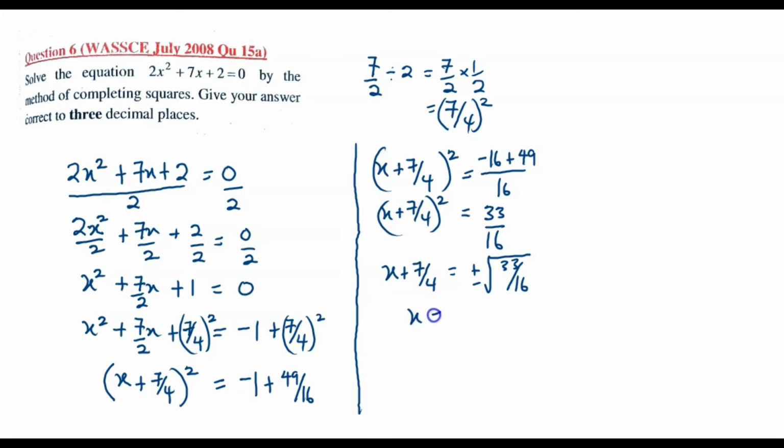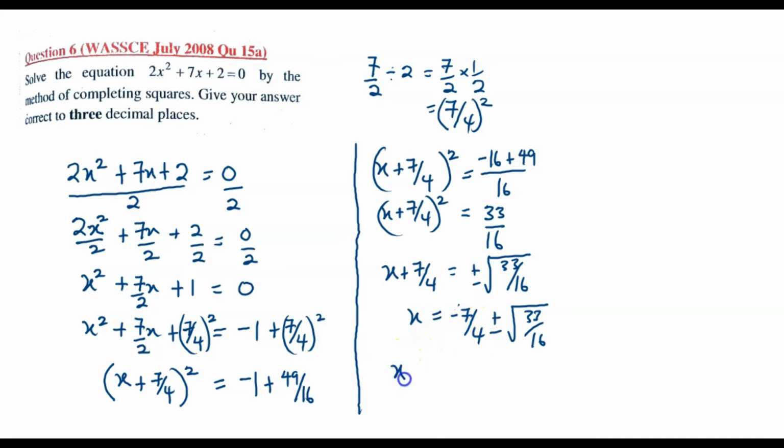Then x will be equal to, we transpose the 7 on 4 to the right hand side. That will give us negative 7 on 4 plus or minus square root of 33 on 16.